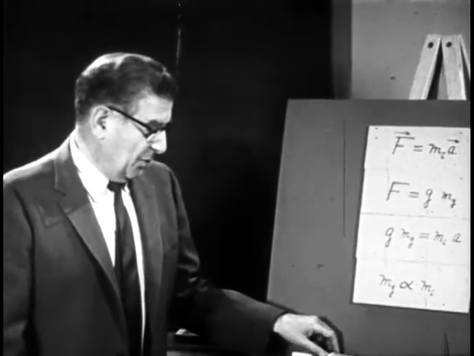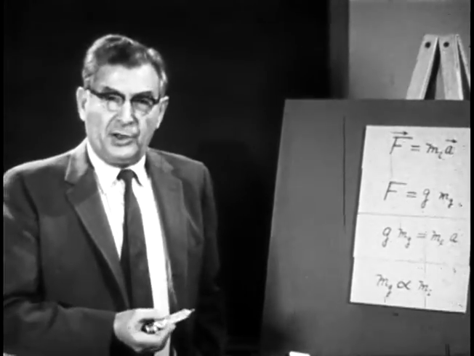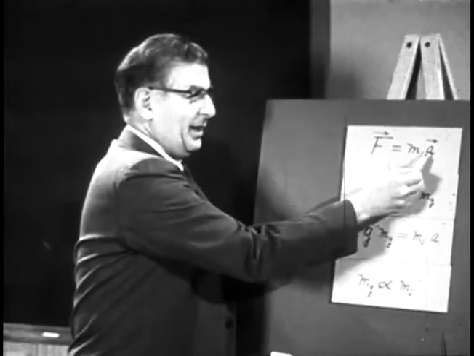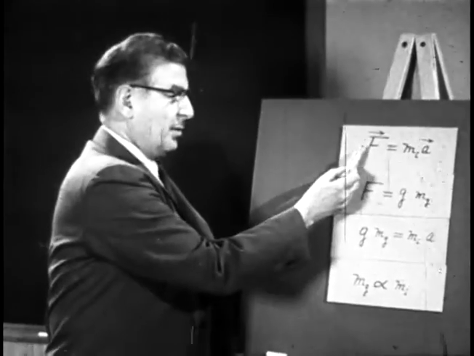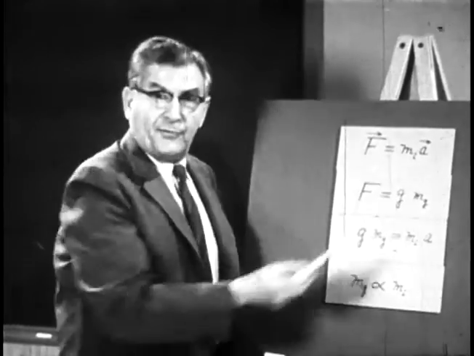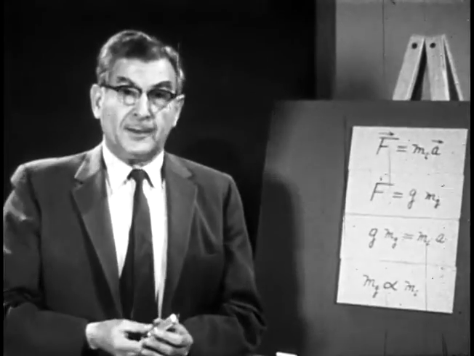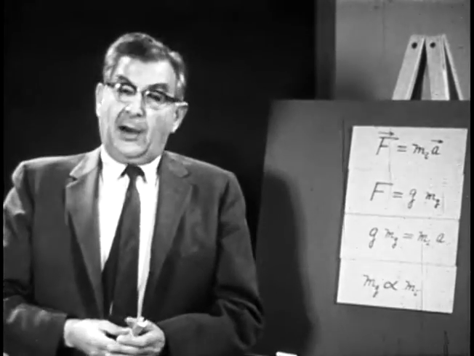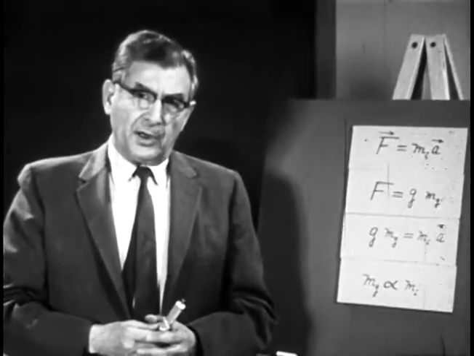Now, using Newton's law of motion, we can find out something more about the nature of inertial mass. You notice I have added arrows over the force and the acceleration in this formula. The reason is that we have determined experimentally that force is a vector, and we know that acceleration is a vector from its definition. Now, what we have found out from our experiment is that the vector force and the vector acceleration are in the same direction no matter which way the body moves, no matter what the direction of motion is.